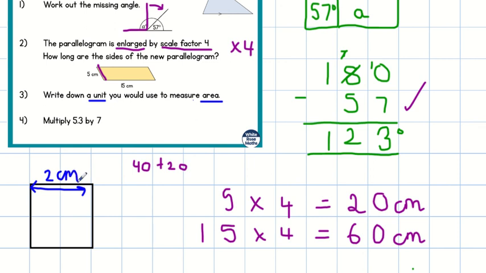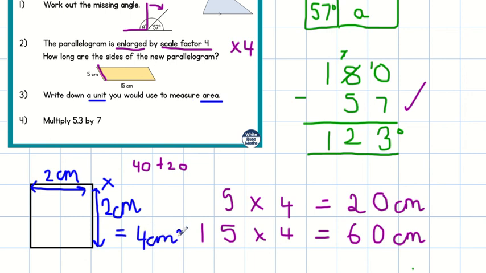Okay, I'm assuming that these squares on my screen are centimetre squares. And this side is also 2 centimetres. Now to find the area, I have to multiply those lengths. So 2 times 2 is 4.